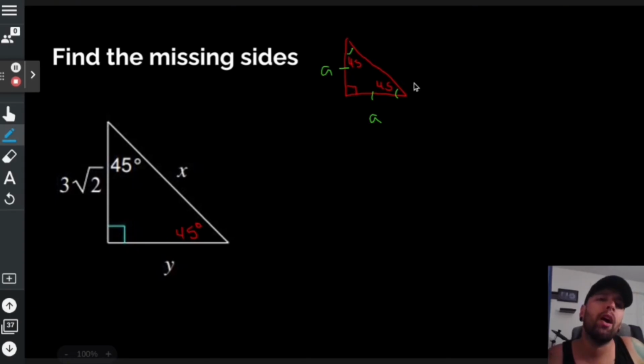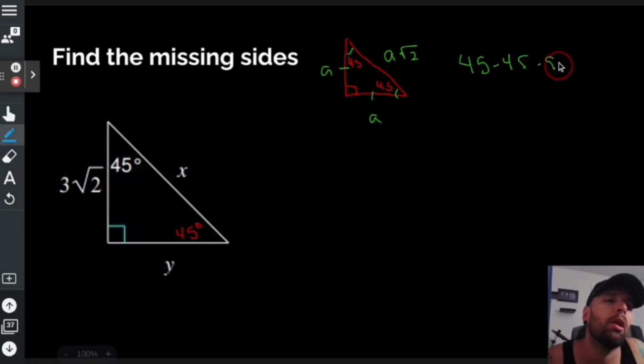Because in a 45, 45, 90 triangle, whatever A is, the hypotenuse is going to be, you multiply the square root of 2 to any of the legs. So again, in a 45, 45, 90 triangle, you have a leg is A, another leg is A, and the longest side is the leg times the square root of 2.